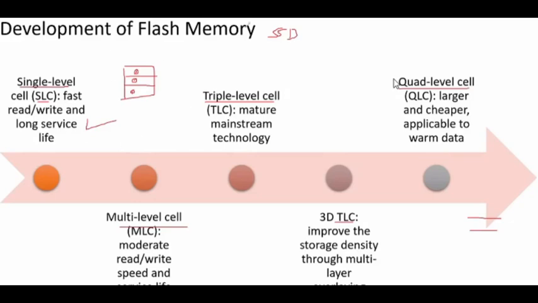Then you have the second one, which is multi-level cell. Multi-level cell simply means you can save 2 blocks of data into one cell. So each cell can now contain 2 blocks of data. If the previous one, let's say, was 10 megabytes, so 10 megabytes is single level cell.